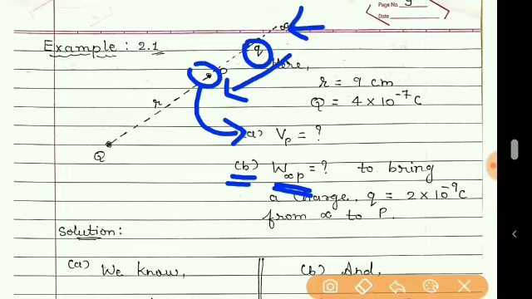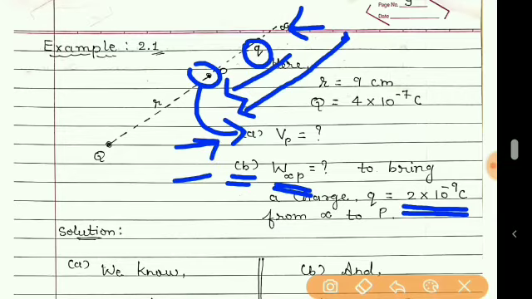So here the charge which is brought from infinity to point P is given. It is 2 into 10 raised to minus 9 coulomb. So these two things are to be calculated.